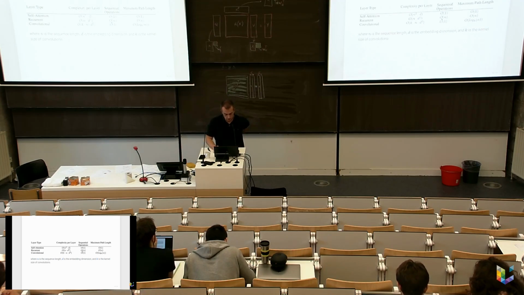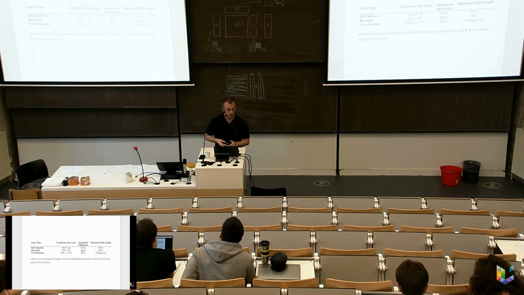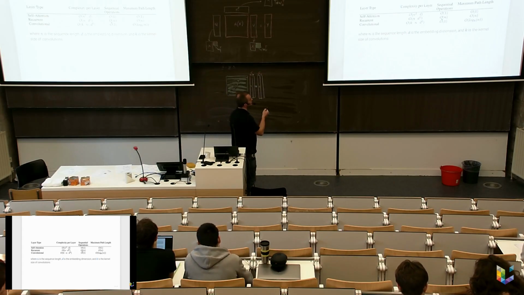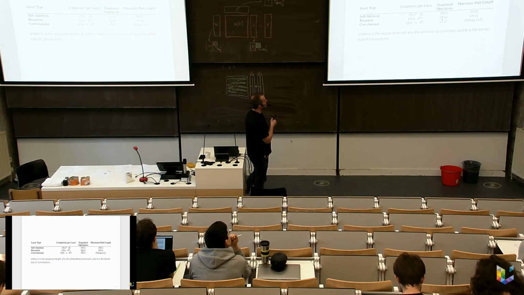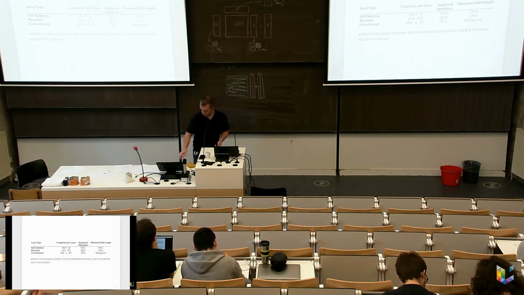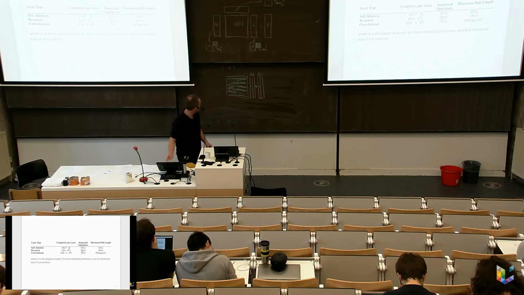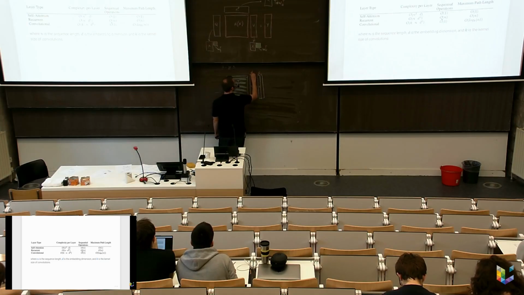In terms of complexity, these layers are not equal. If you take the self-attention layer that we have seen, the complexity per layer is quadratic in the size of the sequence, and linear in the dimension d of each token. Or maybe, just not to confuse you, this is d, this is d.